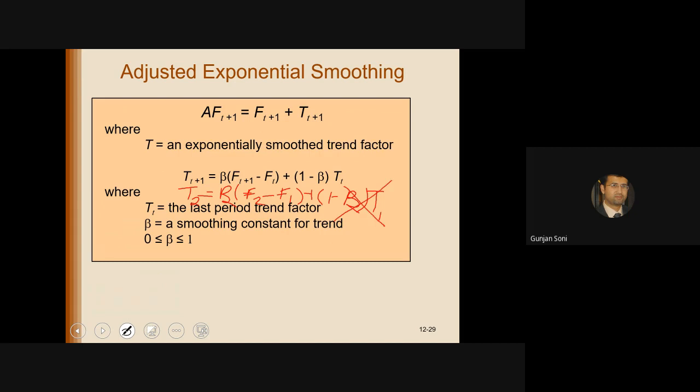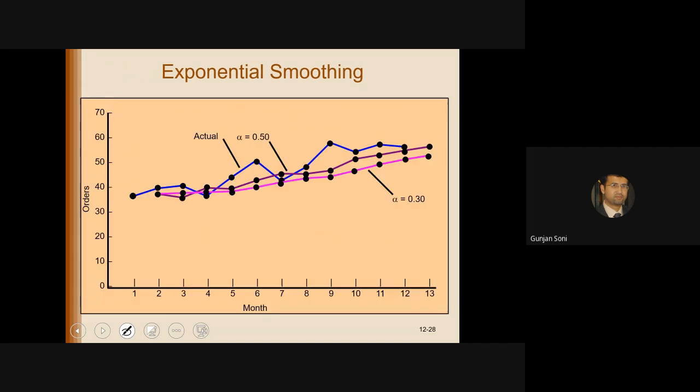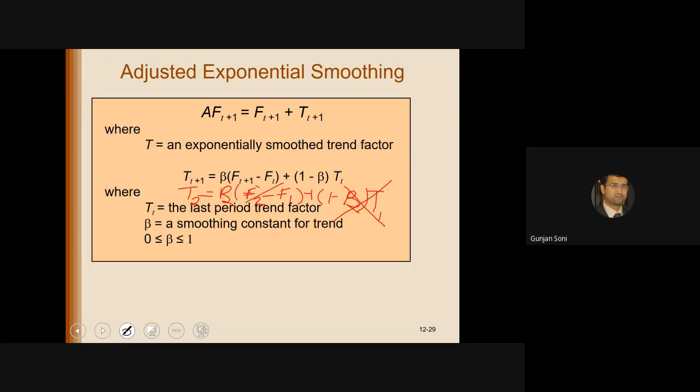Again, F2 and F1 are actually the same in simple exponential smoothing, as we have seen. For F1 we just took the same as the demand, so F2 and F1 cancel out, and in that case I would also be getting 0 here.